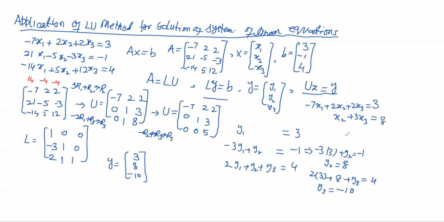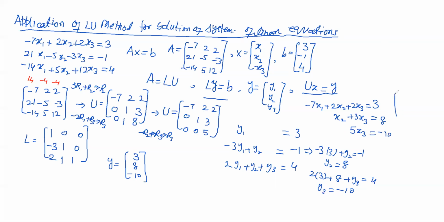And then the last one, no, here it's not -10x3, because we are applying the U matrix. So x2 plus 3x3 is equal to 8, and this one is 5x3, 5x3 is equal to -10.